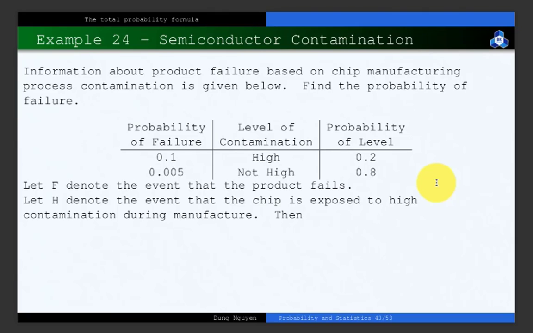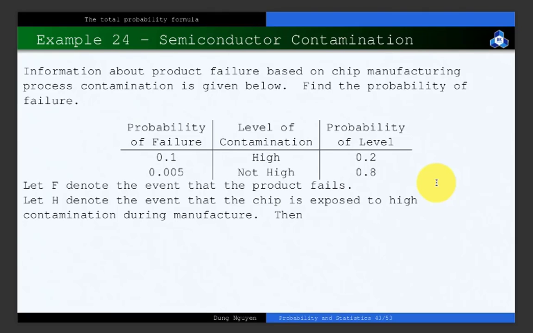Otherwise, the probability of failure is 0.5%. The corresponding probability of each level is 20% for high level of contamination and 80% for not high level of contamination. Now we want to find the probability of failure, and there are two scenarios again.